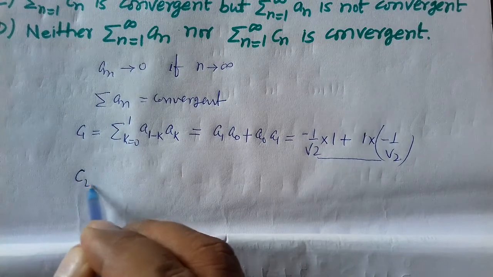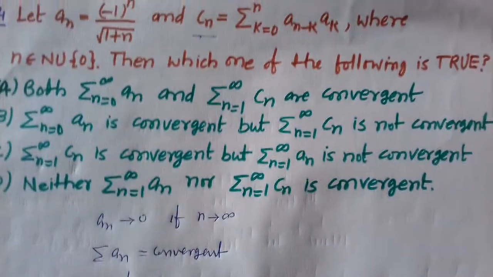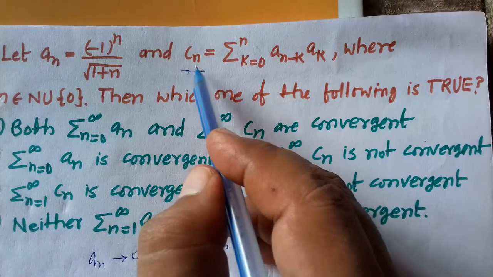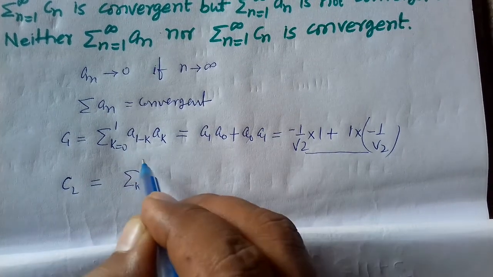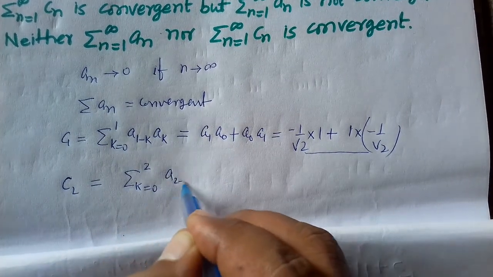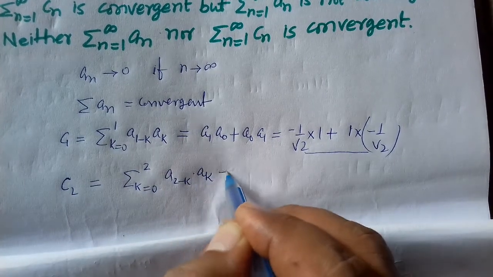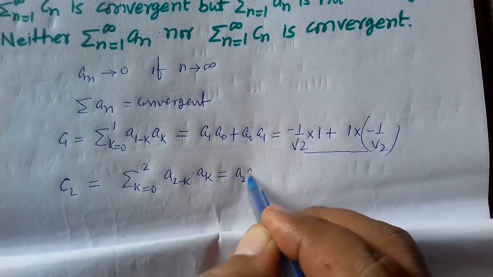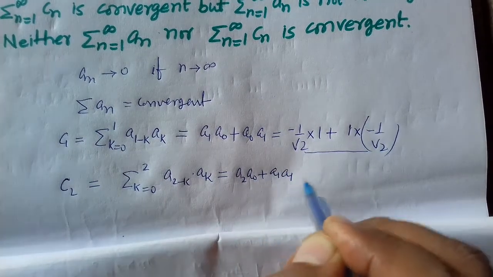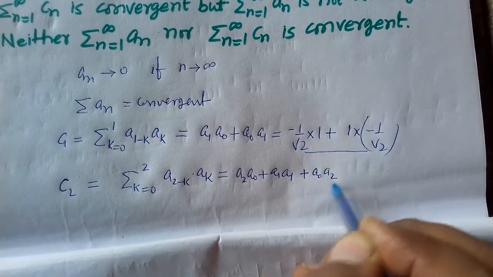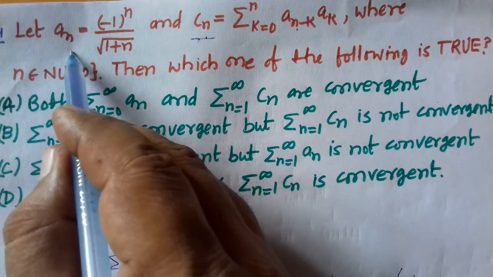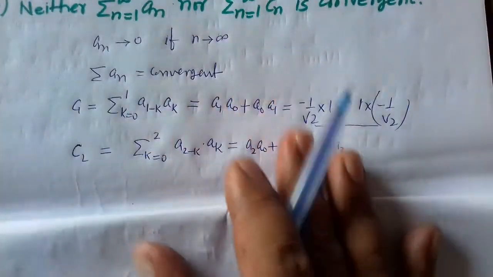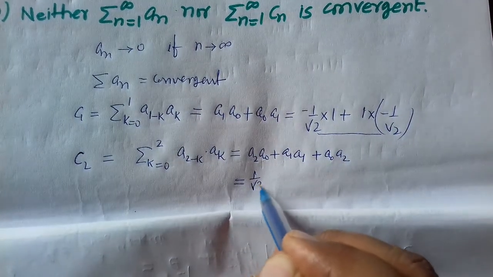Now C2. For C2 we put n equals to 2. So C2 is the sum over k equals 0 to 2 of a_(2-k) into a_k, which is a2 a0 plus a1 a1 plus a0 a2. If we put n equals to 2, a2 will be 1 by root 3.